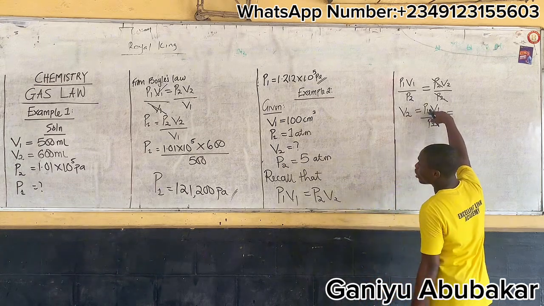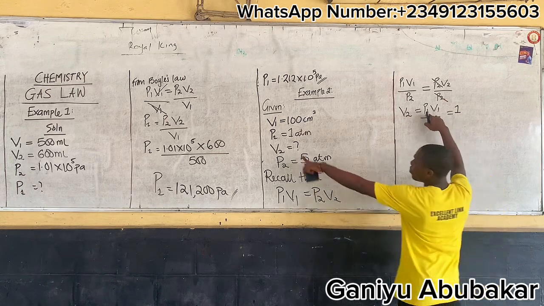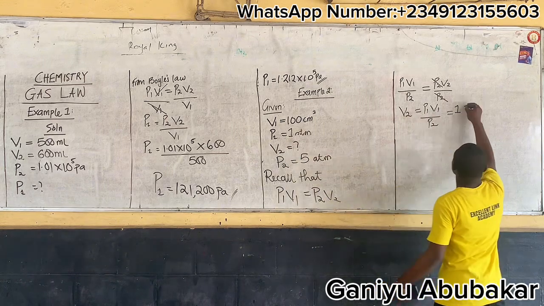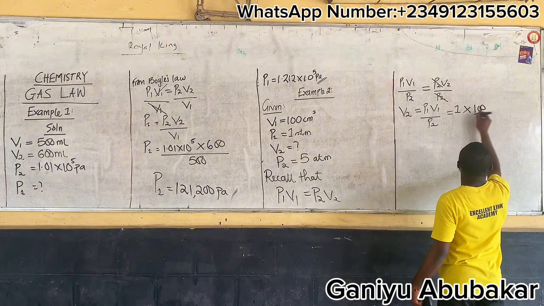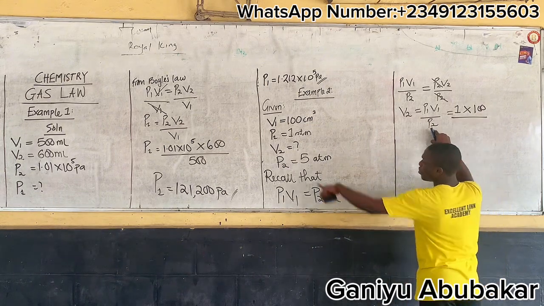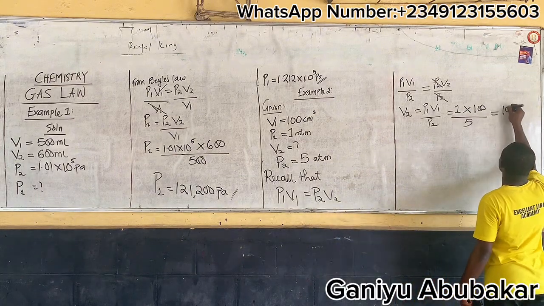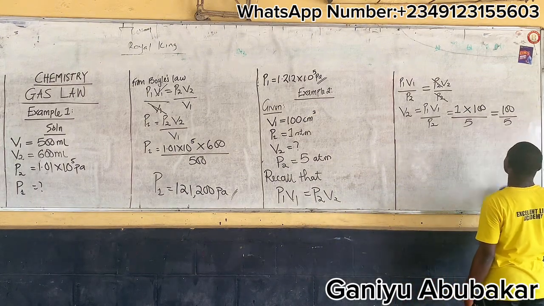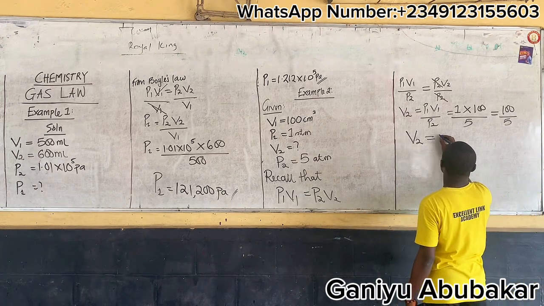What's your P1? 1 atm times V1, which is 100, over P2, which is 5. I'll have 100 over 5.